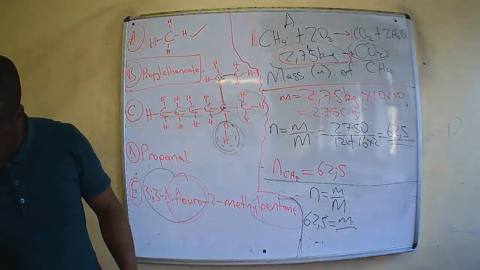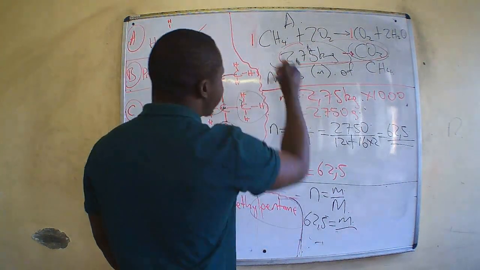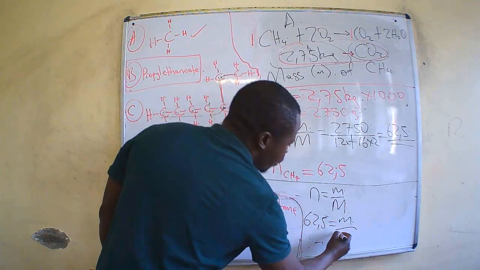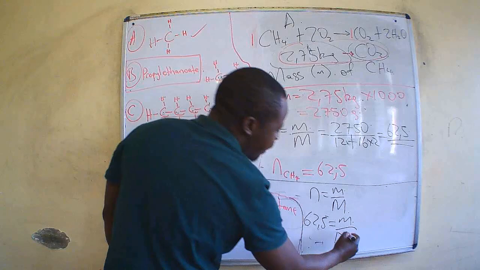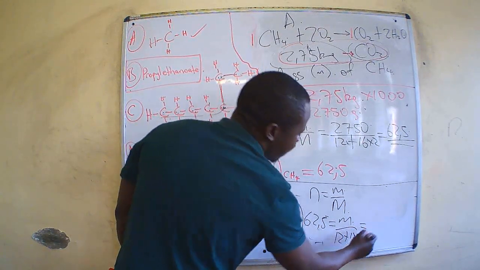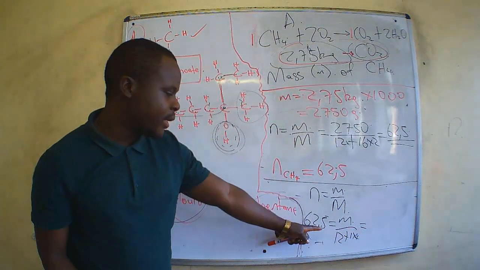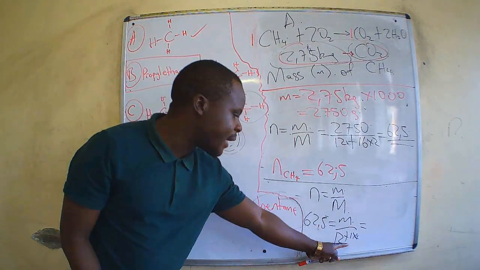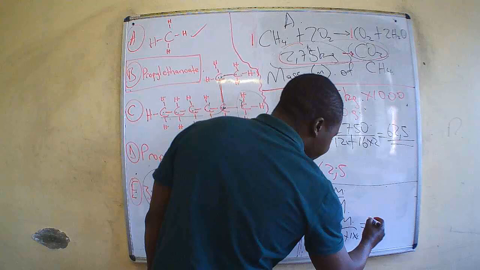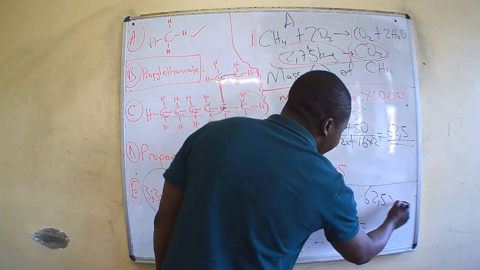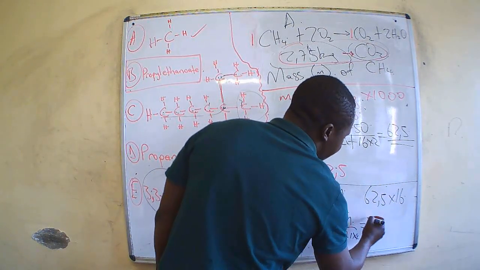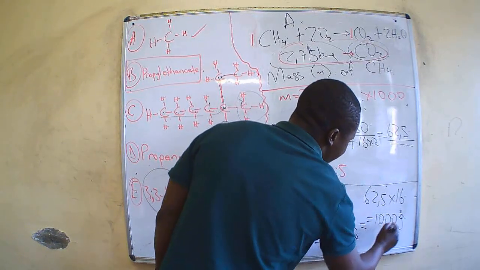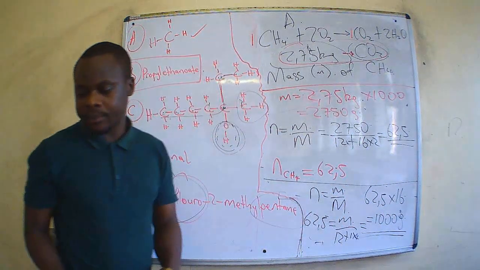For carbon, it is 12 plus hydrogen, 1 times 4 atoms. Let us cross multiply: 62.5 times 12 plus 1 times 4, which is 62.5 times 16. Our answer is going to be 1,000 grams. This is the final answer that we have.